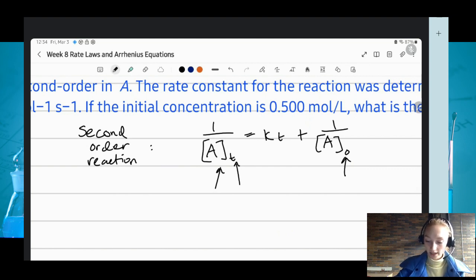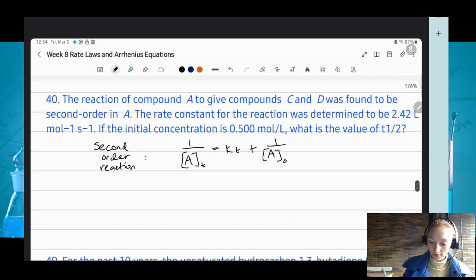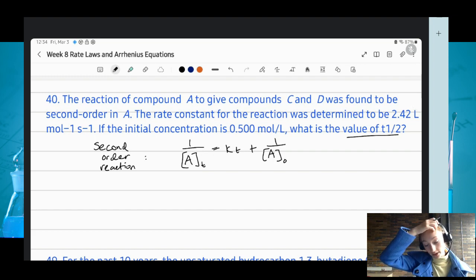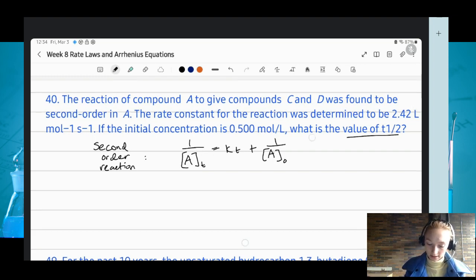And for the K, it's also going to be the constant, and then the t is going to be the time, the amount of seconds or hours, depending on the time units here. So for this problem specifically, it is asking for what value at T1/2. So it is asking for the amount of seconds. So we will need to rearrange this equation to solve for t, solve for the amount of seconds specifically.